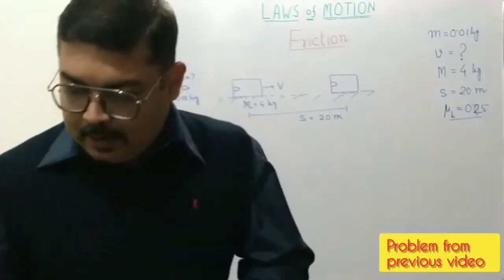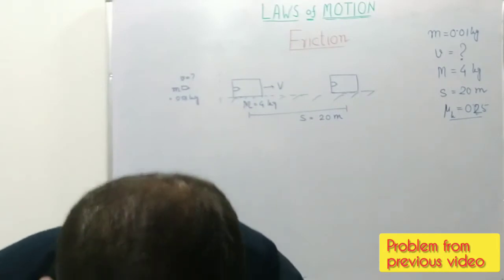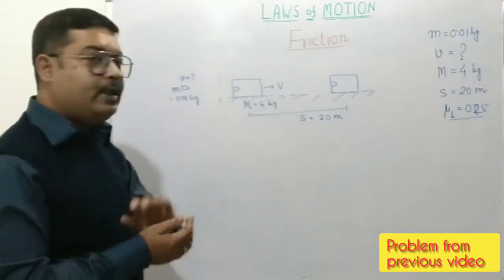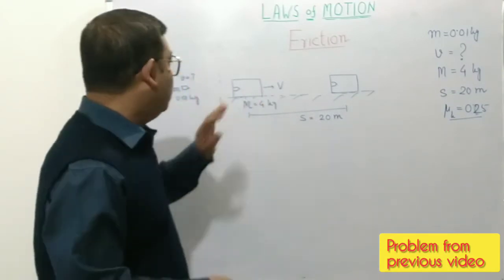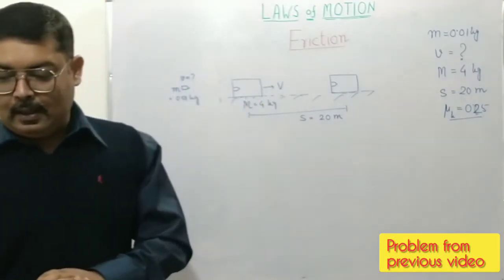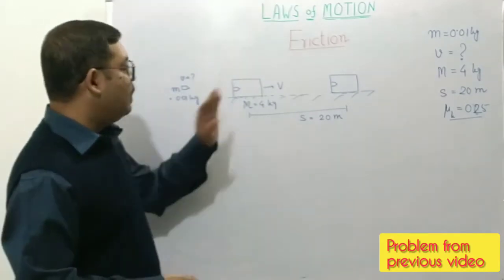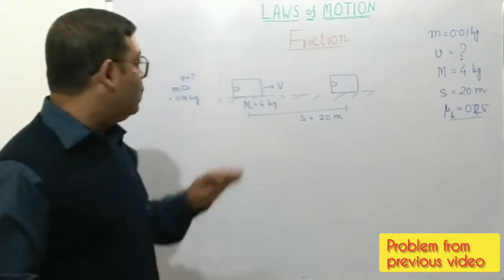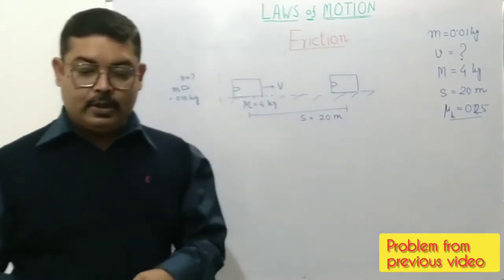Now, first thing first, the object was initially at rest. So, when the bullet hits it, it will start moving with certain velocity V. After the bullet hits the block, there is no force in the forward direction.